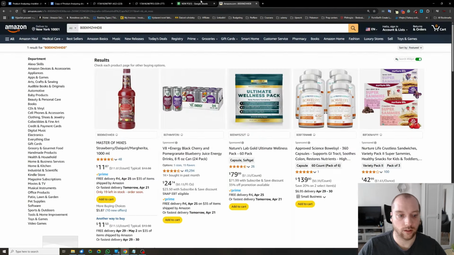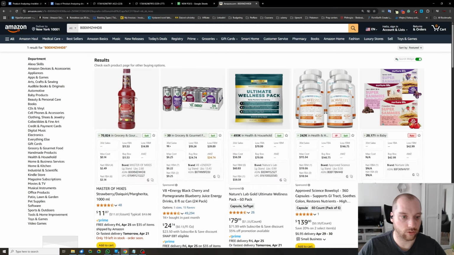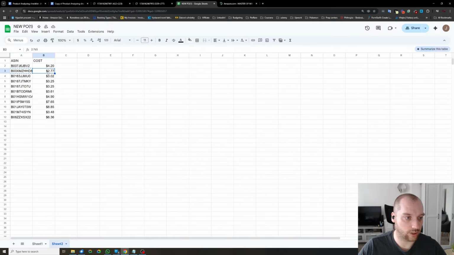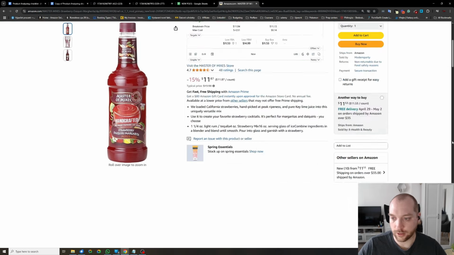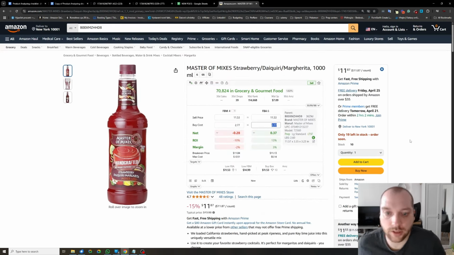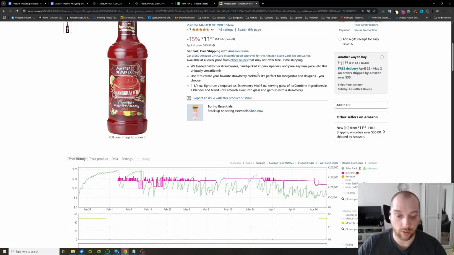Now, another product. So this is the product. I'm gonna take the cost. It's already there because I've seen this product before actually. So another product from my current scan, I already see there's no sales. I don't even have to look if it's a multi-pack or not. I will quickly go down.